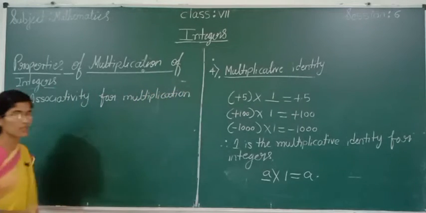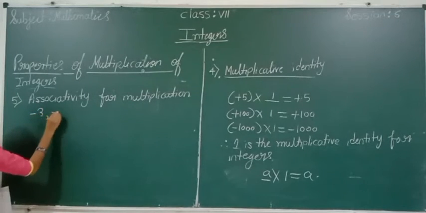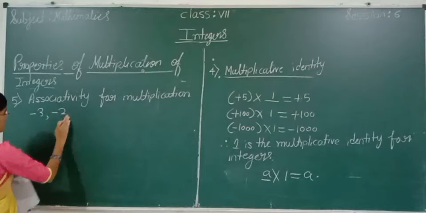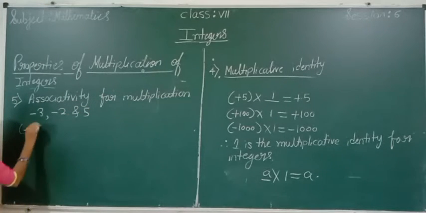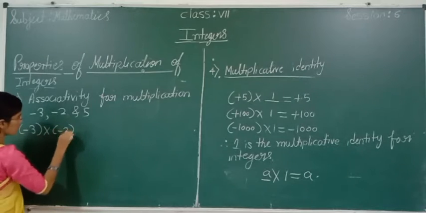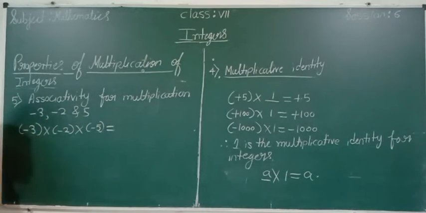See students, I will take 3 integers, minus 3, minus 2 and minus 5. Now look here, minus 3 into minus 2 into minus 5. I will find the product. First I will group the first 2 integers.